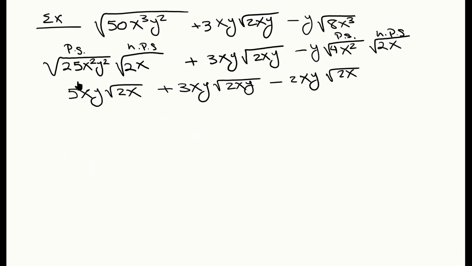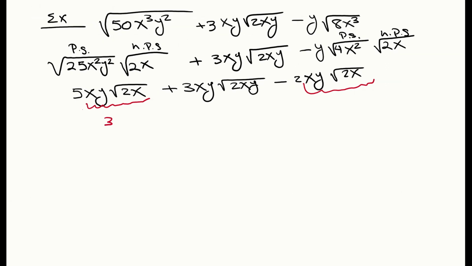These two, however, there is something we can do. We notice that this portion of these two is exactly the same. So in fact, those two are like terms, and we can go ahead and combine those. And we're going to end up with 3. Let me go ahead and change my color.